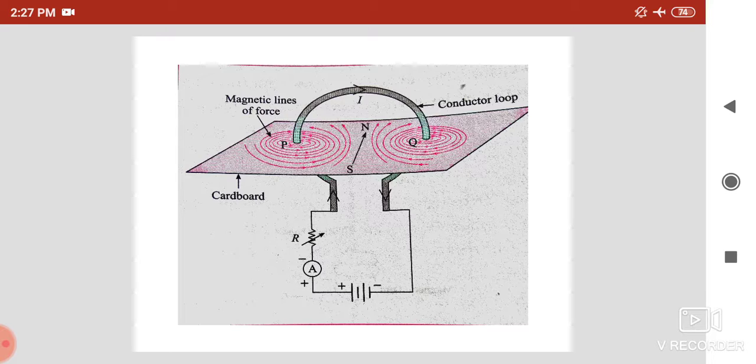Whatever magnetic field is produced by a single wire, here the magnetic field produced is 10 times that. So the more the number of turns of wire, the more magnetic field is produced around each point. Like this we have discussed how the magnetic field is produced at each point of the loop.